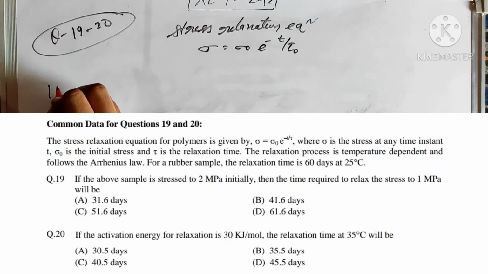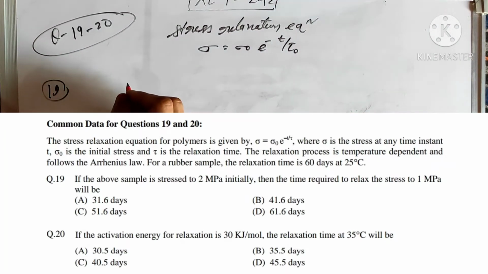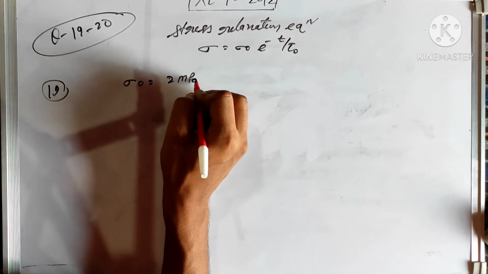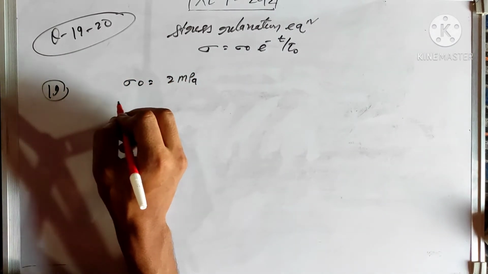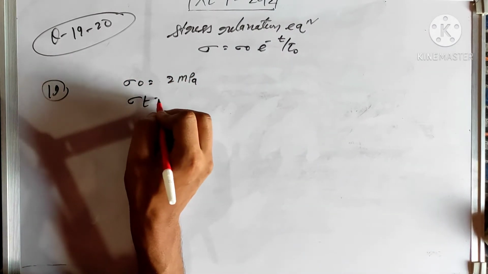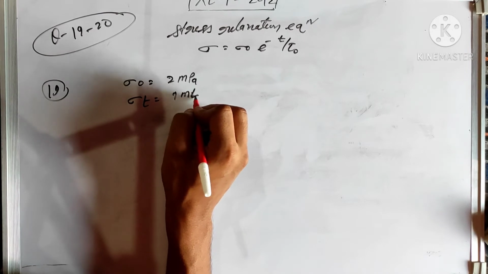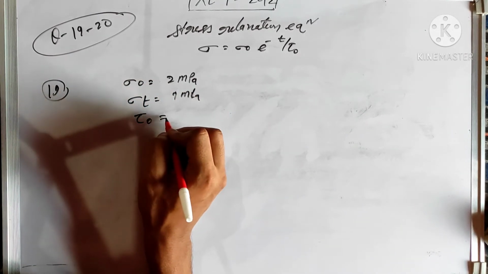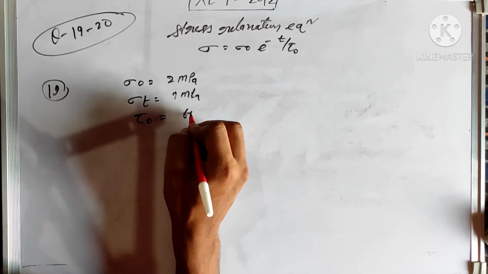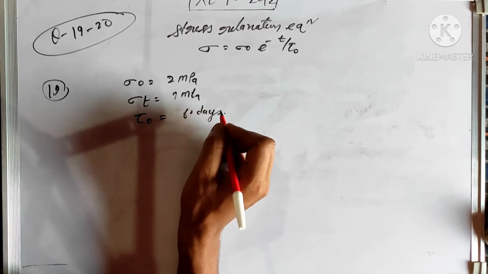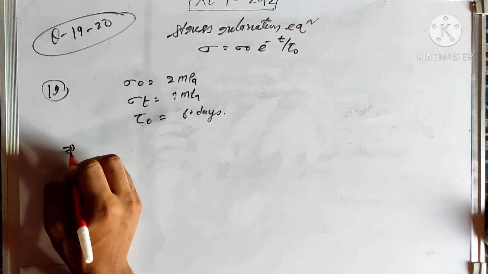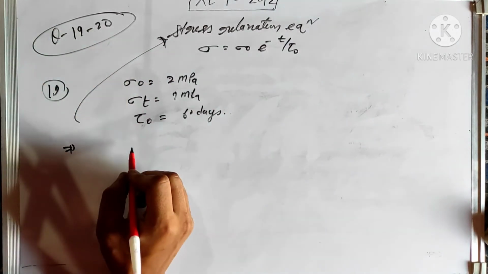So in question number 19, given that the initial stress is equal to 2 megapascal and the stress after time t is equal to 1 megapascal and the stress relaxation time is equal to 60 days. Now calculate the time required using this stress relaxation equation.